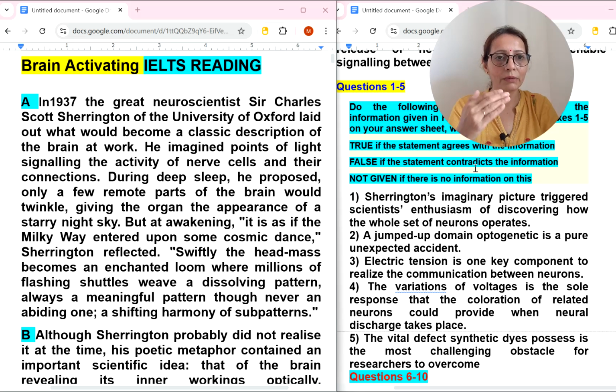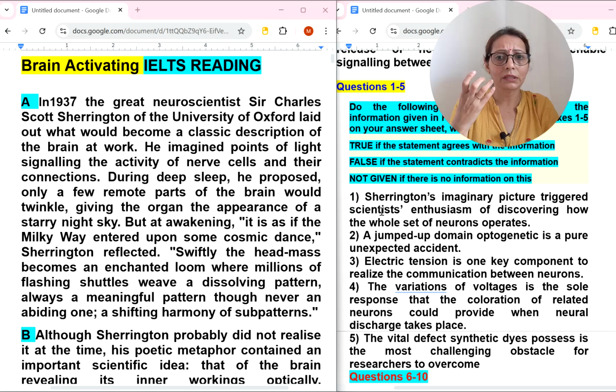If there is a contradiction between the question statement and the information, that is false. If some information is missing, meaning there is no description of that information, we will consider it not given.